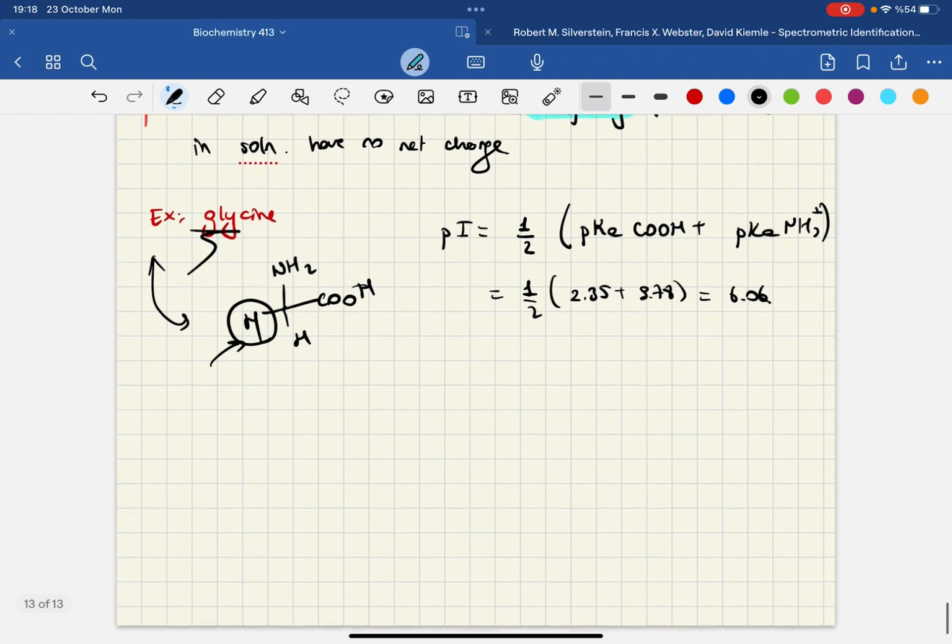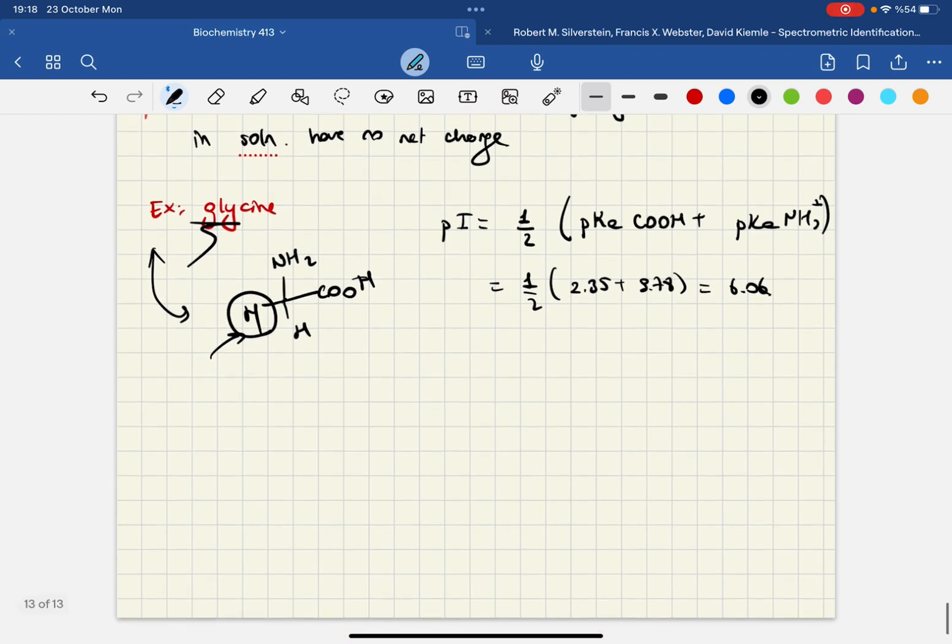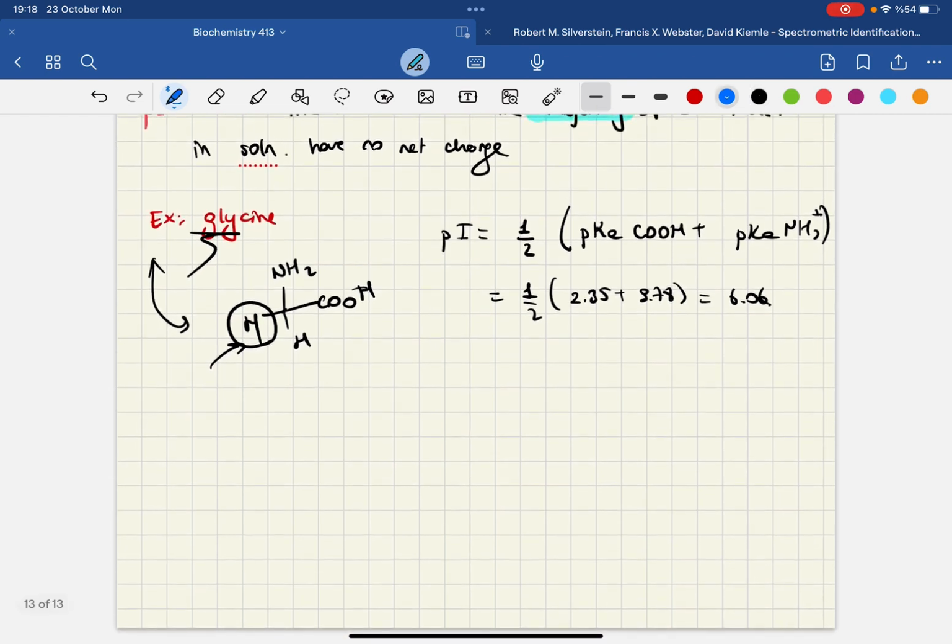So for the 13 amino acids with a neutral side chain, let me write here pI calculation.